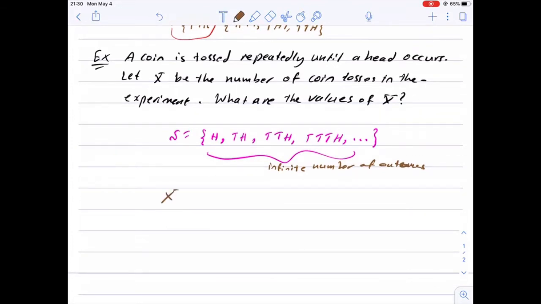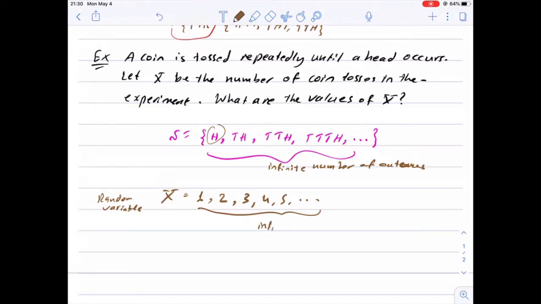And since we have an infinite number of outcomes, we can define now X, the random variable, to be: from the first toss we get that head, from the second toss, from the third, from the fourth, from the fifth, etc. So this is the random variable, and these are the values of that random variable.